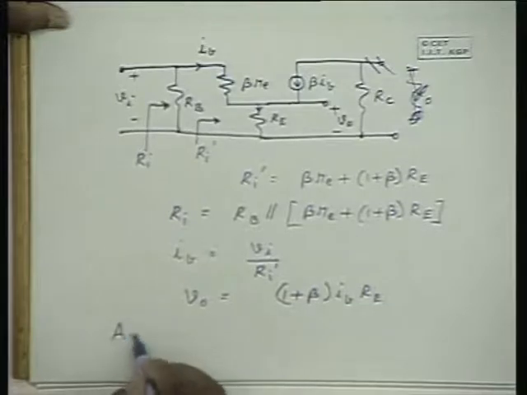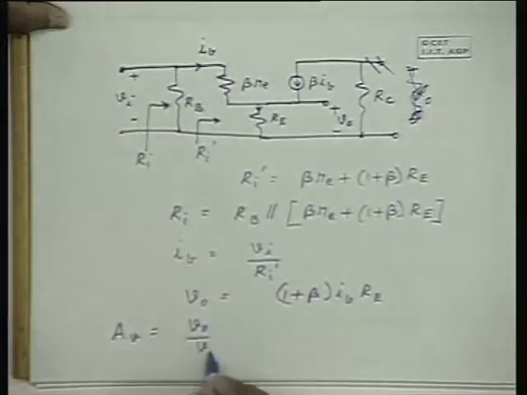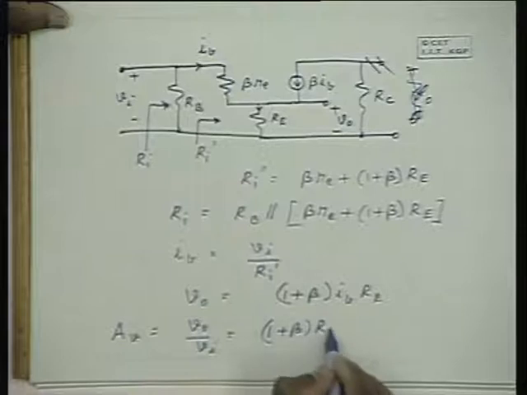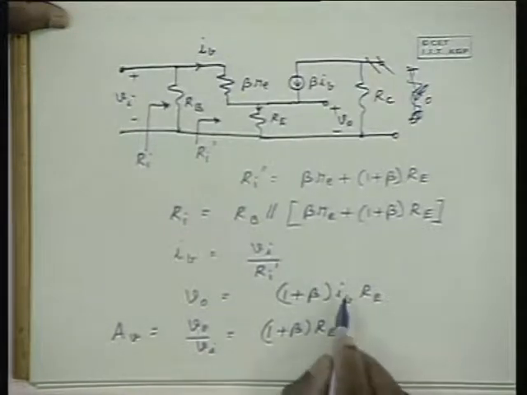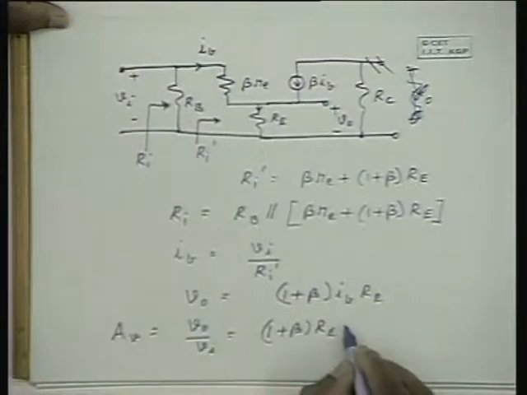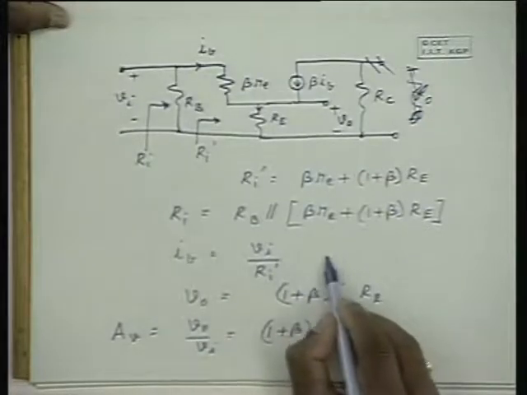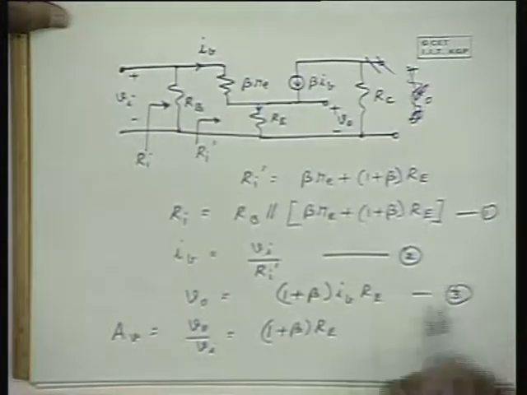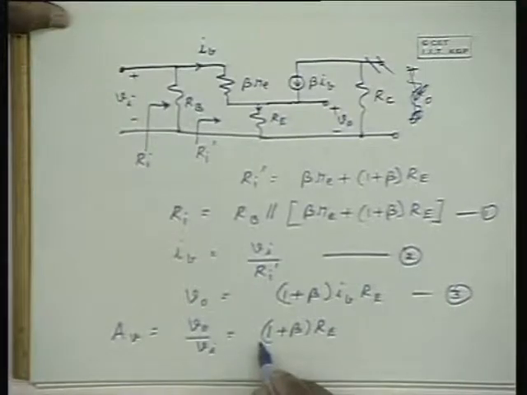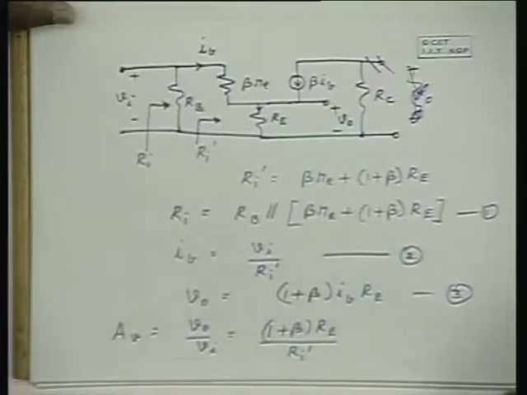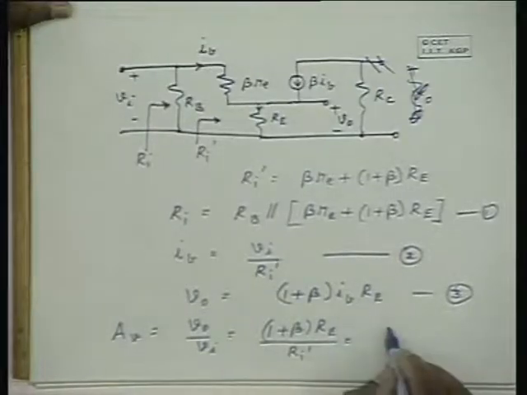Now from this we can get the voltage gain V0 by Vi as equal to 1 plus beta into Re into IB divided by Vi, and now if you substitute this expression here, you will get 1 plus beta Re divided by Ri dash as the voltage gain, and substitute for Ri dash here.